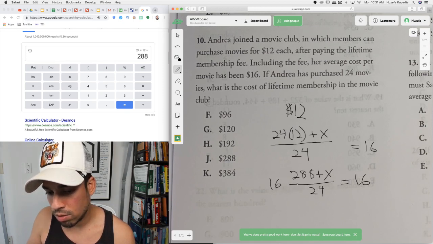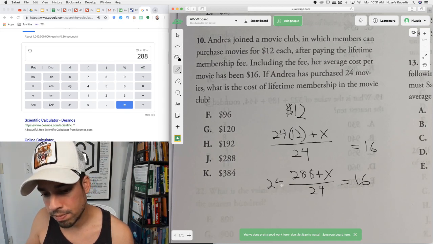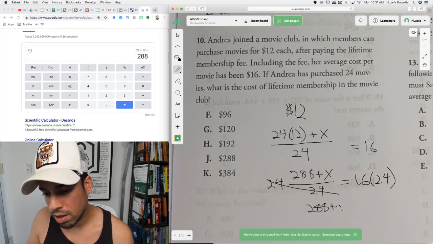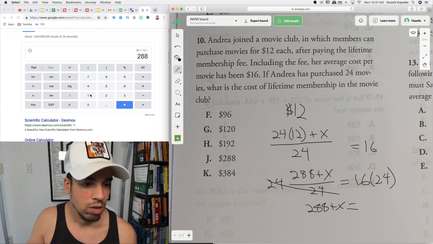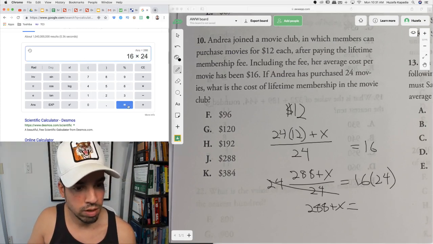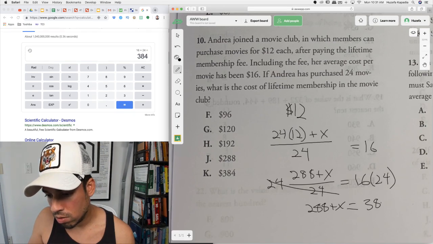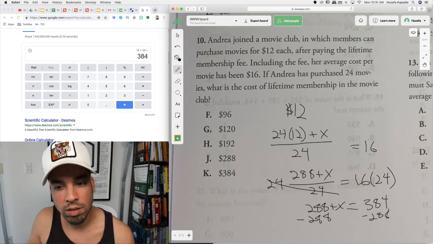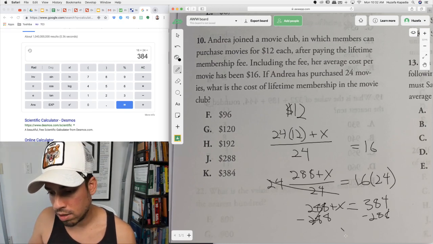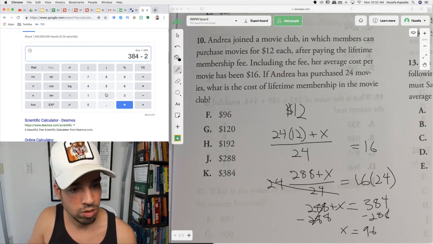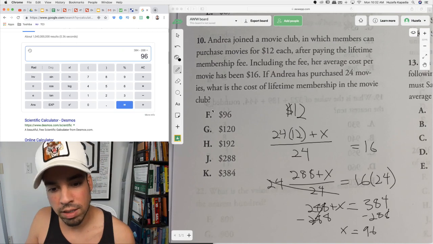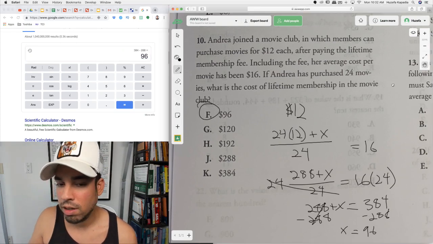Multiply both sides by 24. 288 plus x equals 16 times 24, which is 384. Subtract 288 from both sides, and we get, I believe it's 96, but let's double check. All right, $96. Done. Excellent.